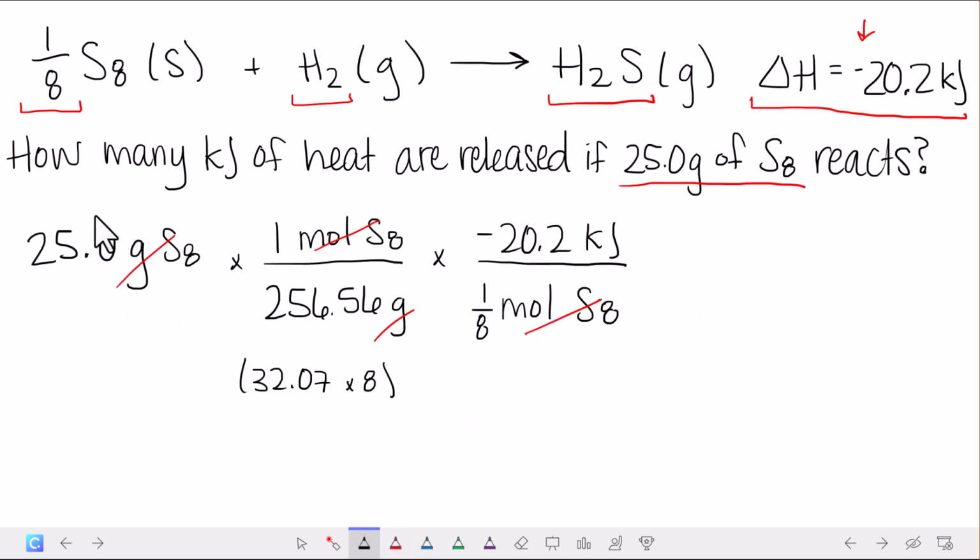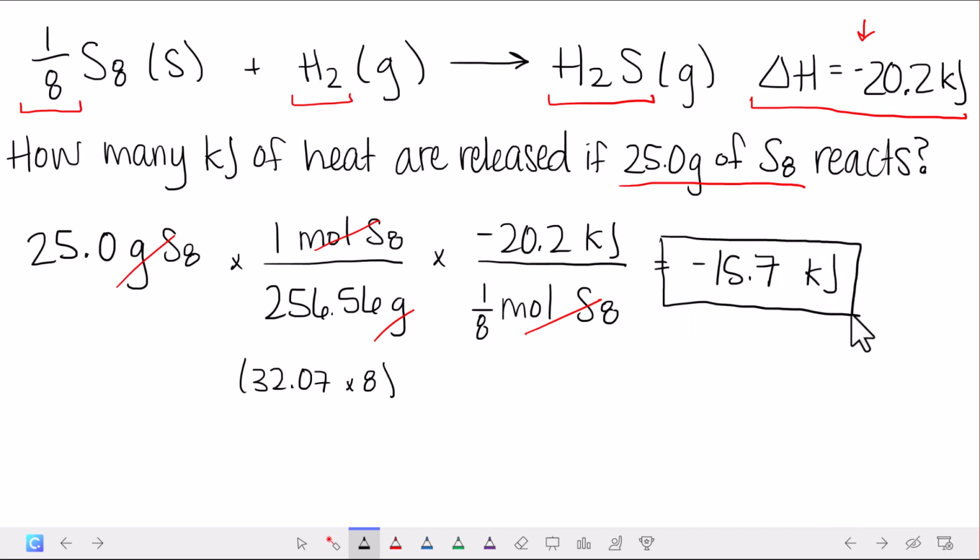So now we would take 25 times negative 20.2 and divide it by the product in my denominator. And I should get something like negative 15.7 kilojoules. So this is the amount of heat that is released if I have 25 grams of elemental sulfur reacting to form hydrogen sulfide.